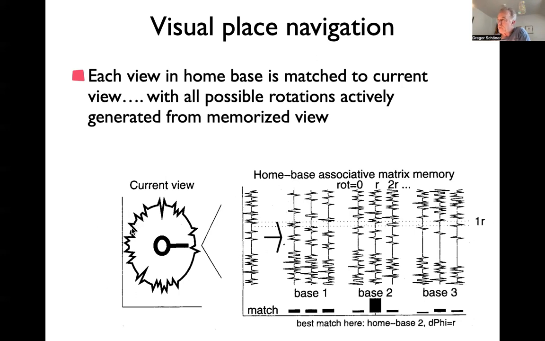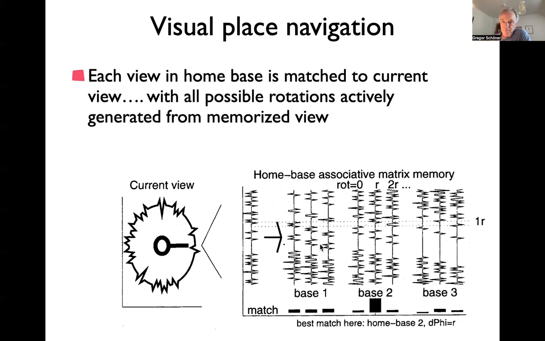And so these would be these different vectors, and at every base, we would store a set of such vectors from slightly different locations within the home base. And I'm not explaining now how we decided where to build the home bases, which I'll come back to later.